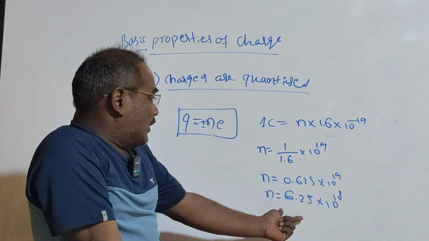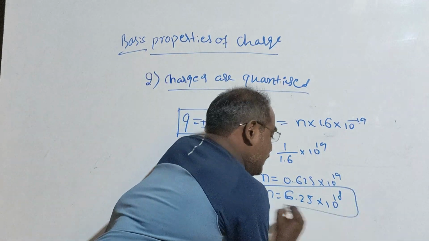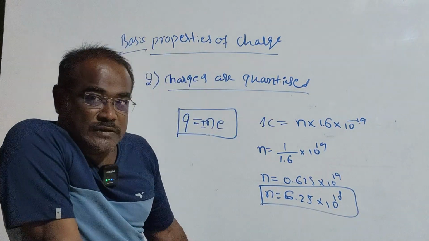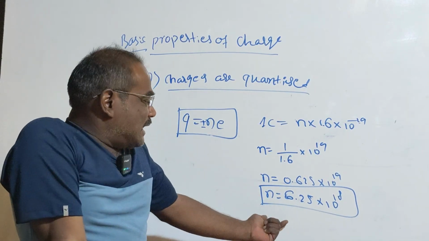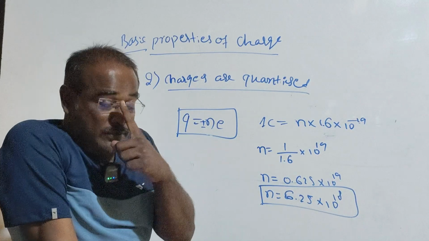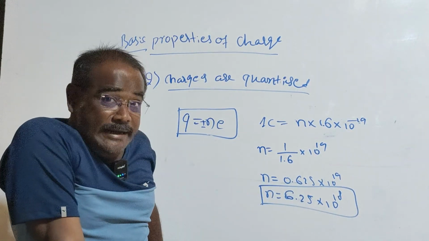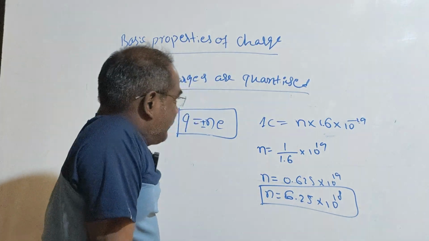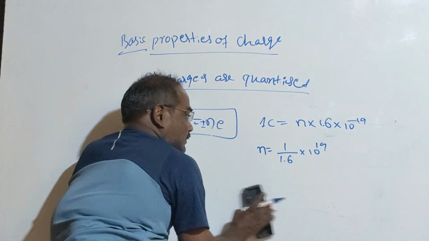These many electrons are present in 1 Coulomb, keep in your mind. Sometimes NEET will ask questions on this type of easy topic. So 6.25 into 10 power 18 electrons are there in 1 Coulomb.